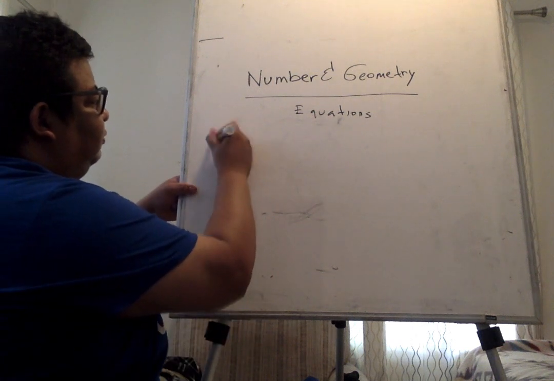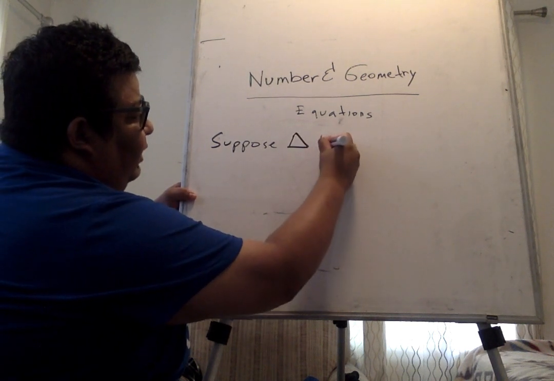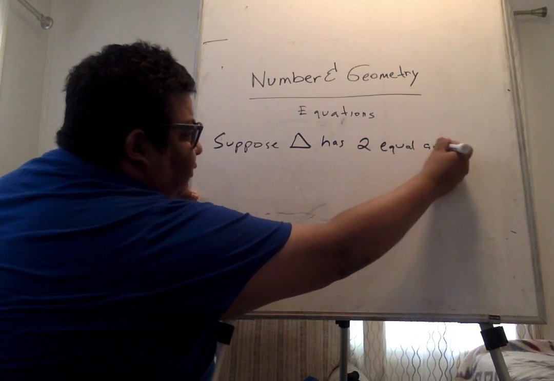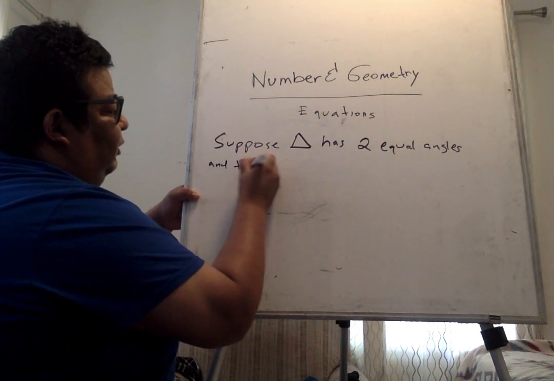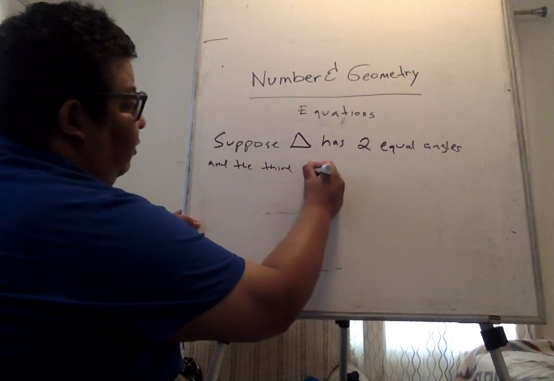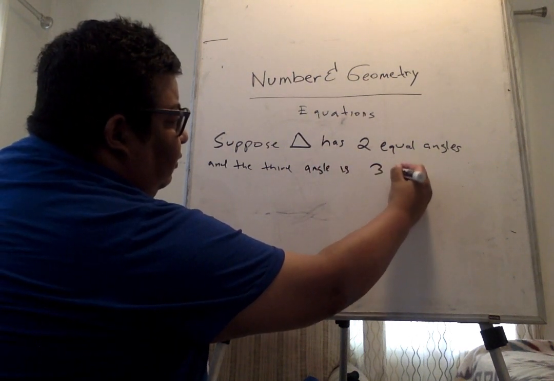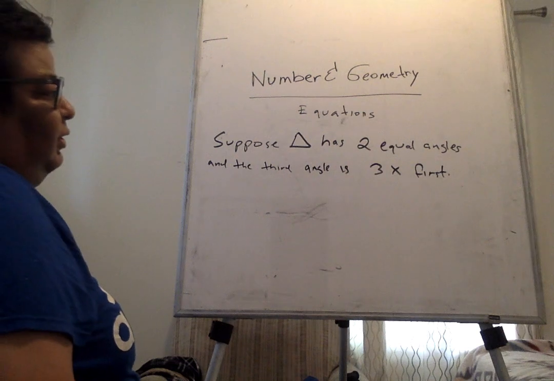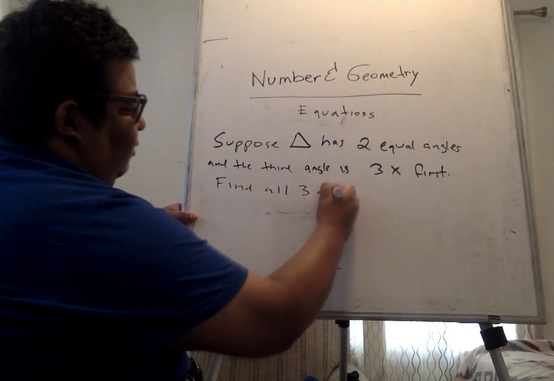Suppose a triangle has two equal angles, and the third angle is 3 times the first. So our task is to find all 3 angles.